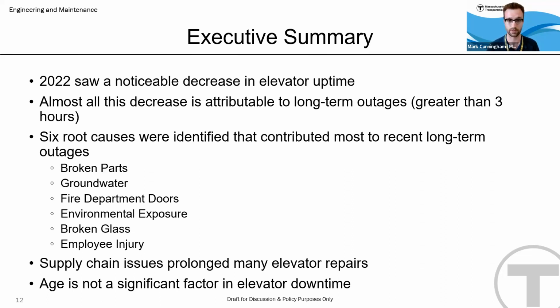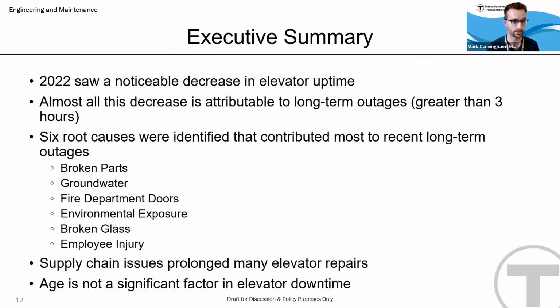One, this time would account for almost all of our preventative maintenance activities that we perform on our elevators. And second, that this 3 hours would hopefully not be a significant burden to those who rely on the elevators in our system. So next, we identified 6 root causes that contributed most to these long-term outages.